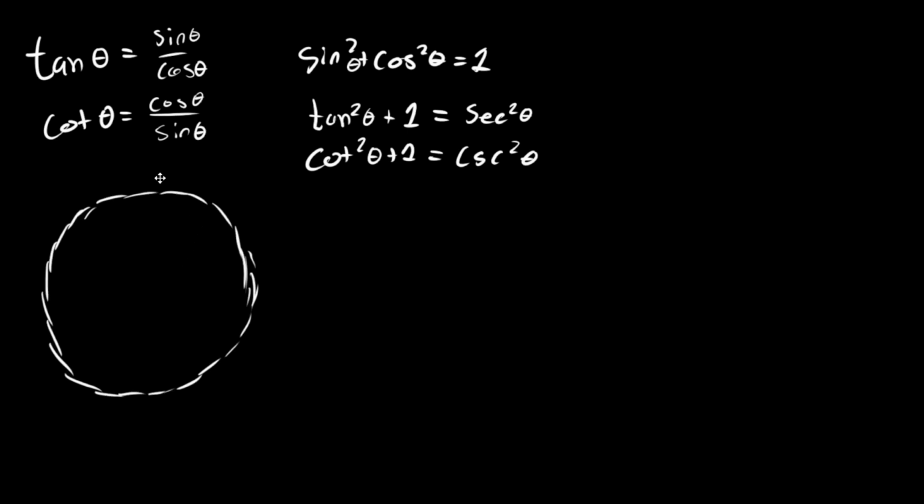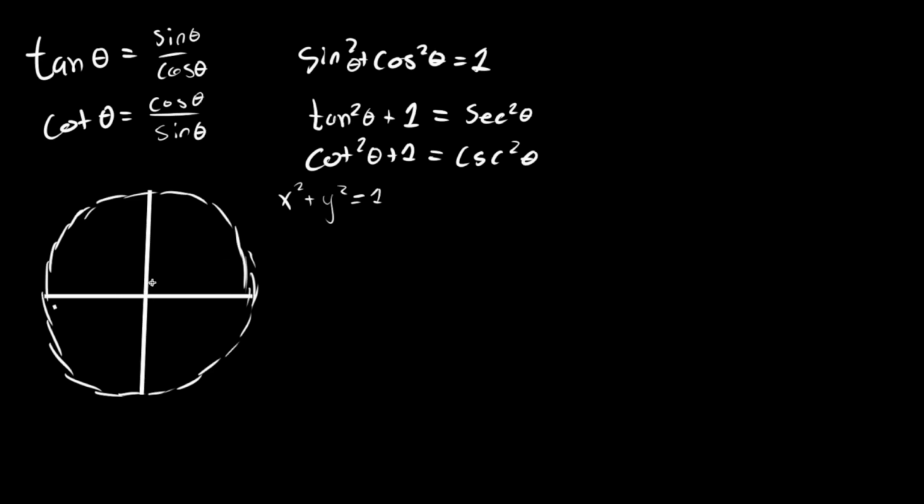Yeah, that's good. Okay, and we know that our unit circle has a radius of 1, because x squared plus y squared equals 1. This would be our r squared. Square root of 1 is 1, and that's our unit circle. Okay, that is our unit circle.